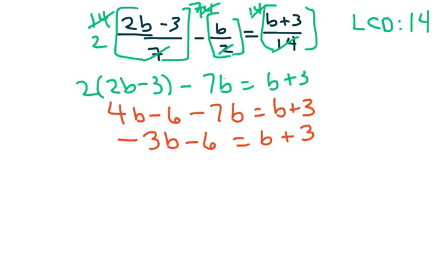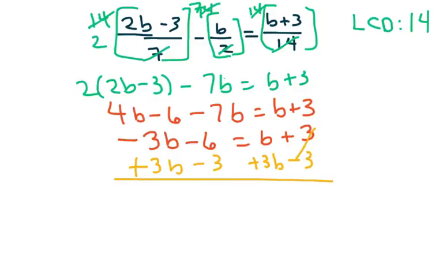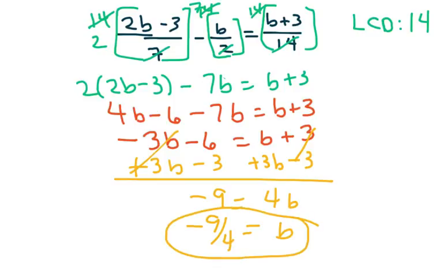I'm going to move my b's onto the right side, so I'm going to add 3b here. Therefore, I'm going to subtract 3 from here. This cancels. Here I get 4b. This cancels, and I get negative 9. So b is negative 9 over 4. You divide both sides by 4. And that's your answer there.